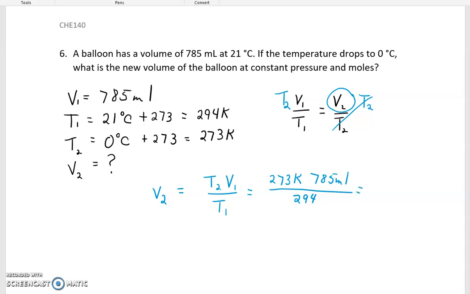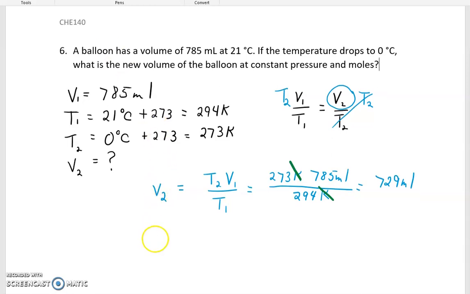If we do our math here, we'll end up with 729. This was Kelvin, and so with Kelvin on the top and Kelvin on the bottom, we're left with milliliters, which is good because we have a volume.